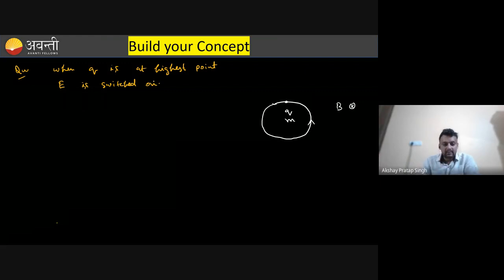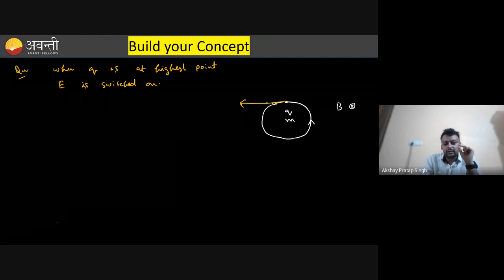Now, the particle follows the straight line path, or starts moving along the tangent from this point. Initially, it was revolving in a circular path. Now, as soon as the electric field is switched on, it started moving along the tangent from that point. So, what is your task?